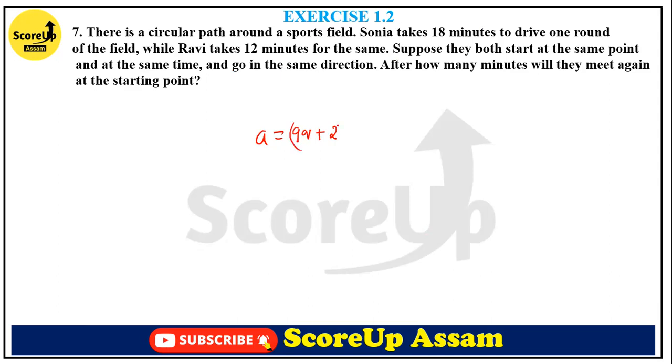Okay, so if you do cube of this, what do we get? 9 cube means 729q cube plus 3 into (9q) whole square into 2 plus 3 into 9q into 2 square plus 2 cube.